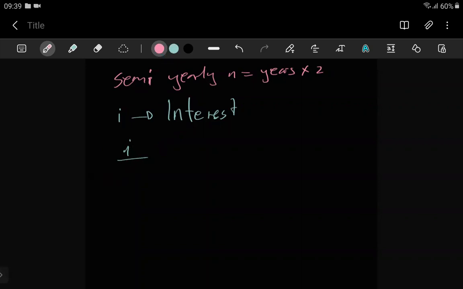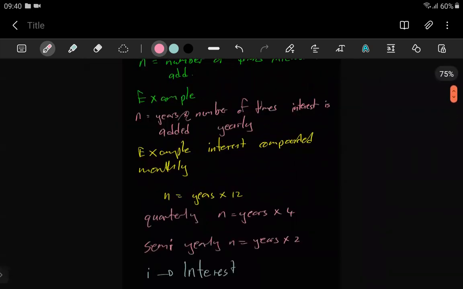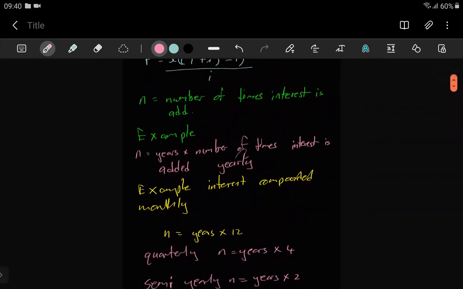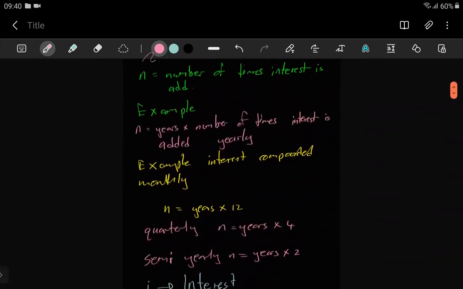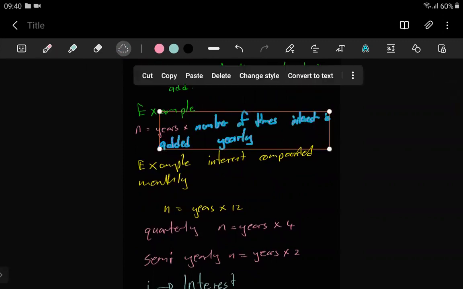So let me actually add that: number of times interest is added yearly. This part.